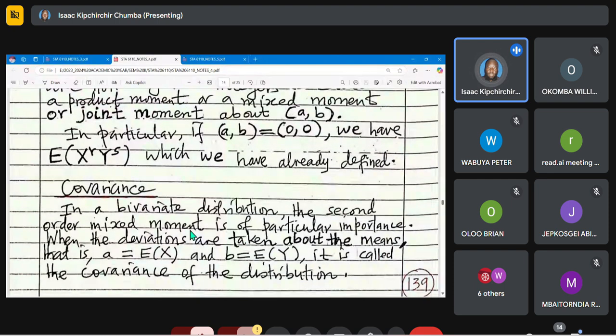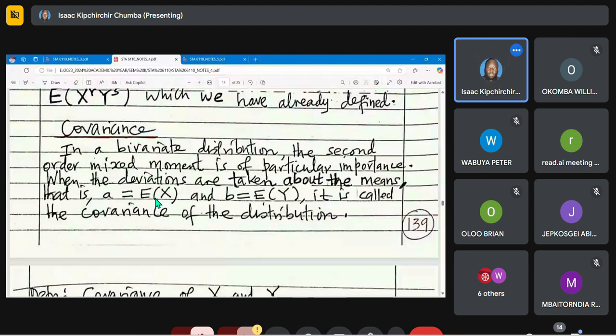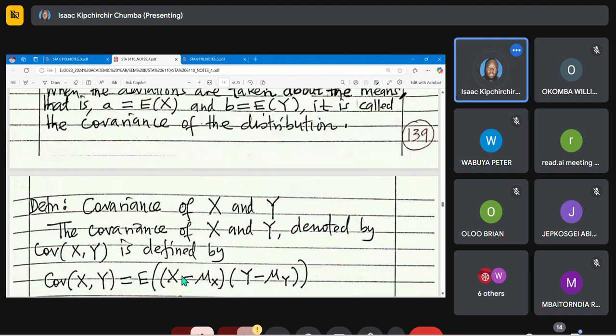Second order mixed moment, meaning R equals S equals 1, and the deviations are about their means. You can actually see here, R is 1, S is 1, A is mu X and B is mu Y, because we have said mu X is the mean of X and mu Y is the mean of Y. So we have actually defined covariance.